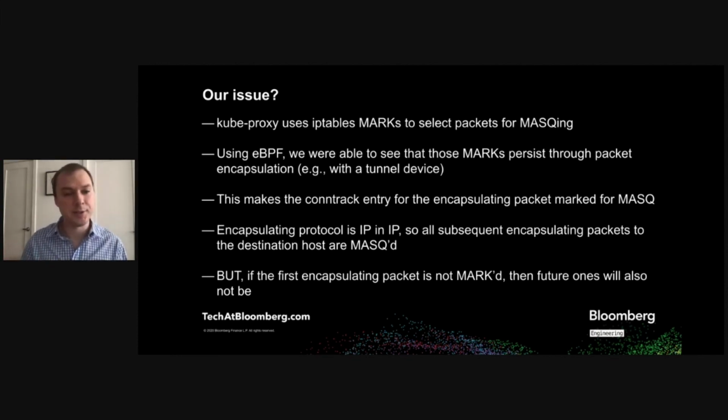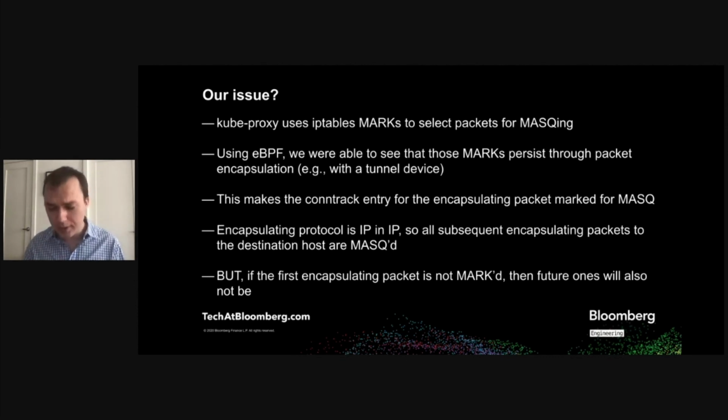What it doesn't explain is why some hosts were good, why the problem would come and go, and why we'd see this on some hosts and not others. The reason for that is that the encapsulating protocol is IP-in-IP, which is a stateless protocol. So every subsequent encapsulated connection that is going to be used over this tunnel is going to use the same encapsulating connection in conntrack.